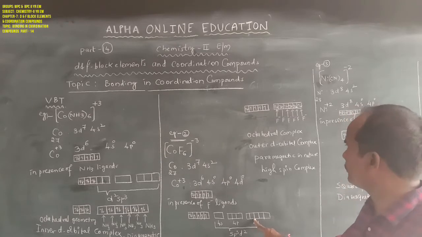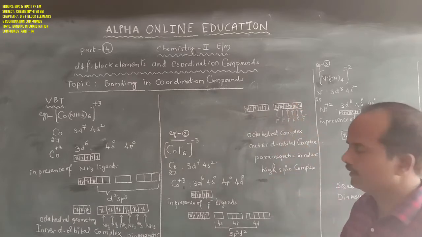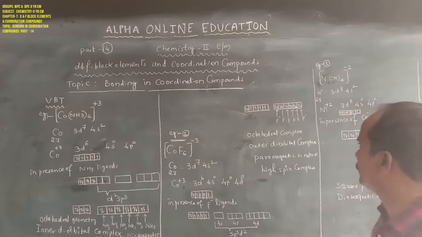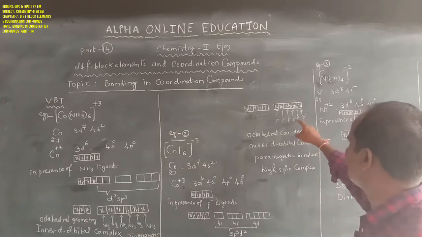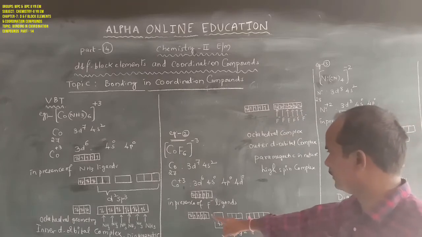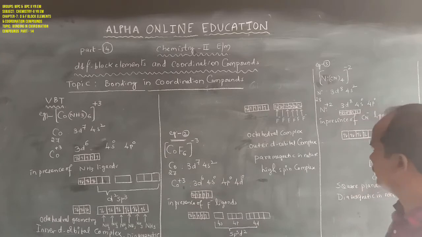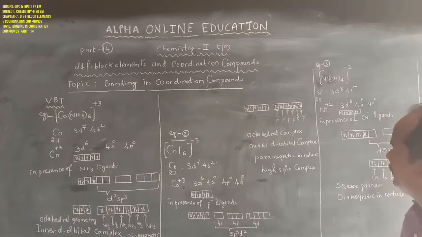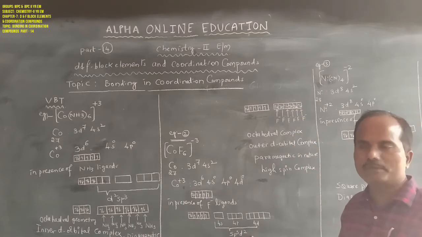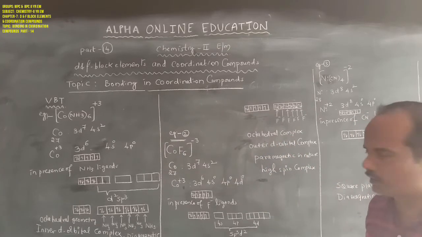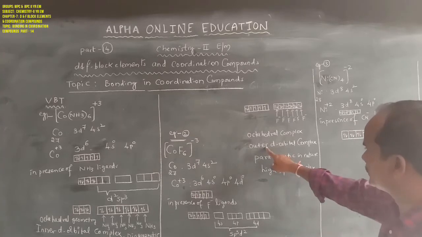These overlap with the 6 fluoride ligands, which donate electron pairs to the Co3+ ion, forming metal-ligand bonds. Because of sp3d2 hybridization, it is an octahedral complex.